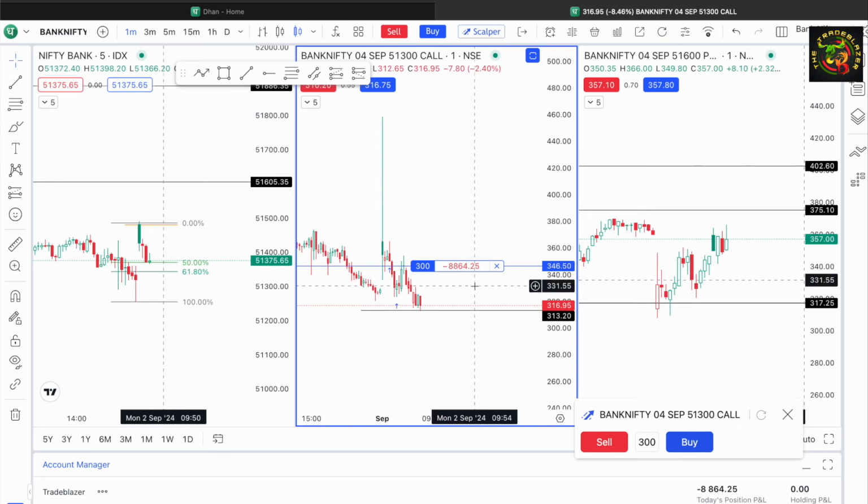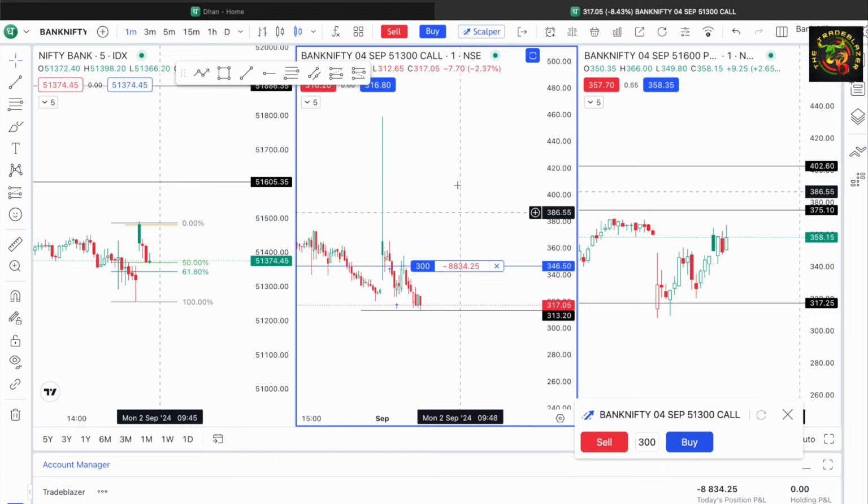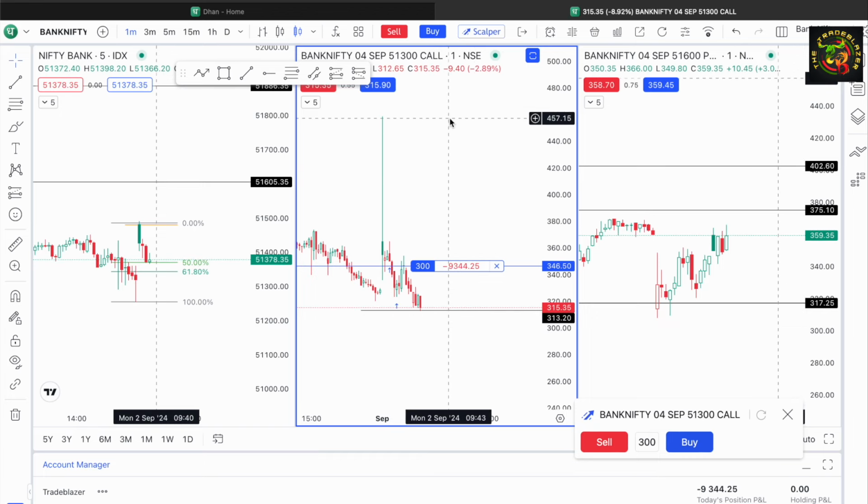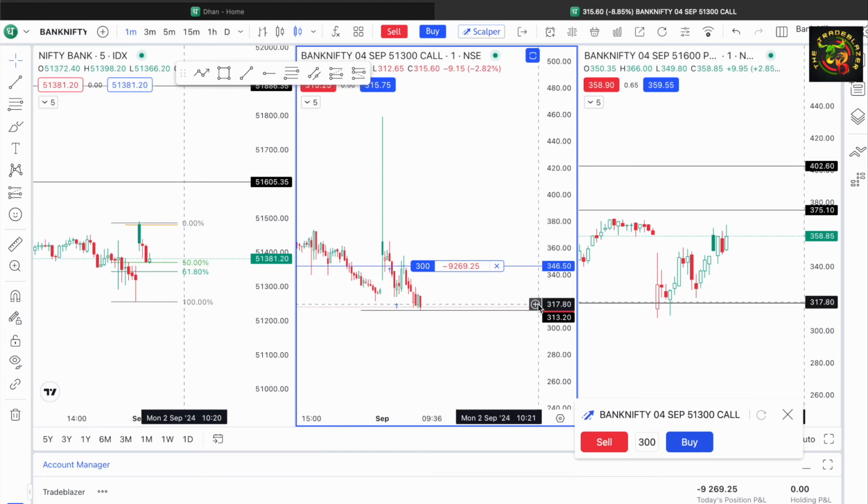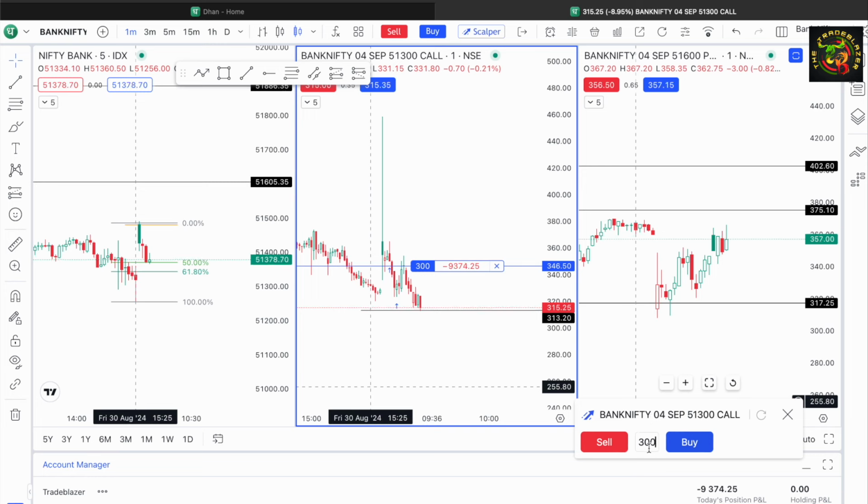Yes, because of the increased quantity or position size, we can see increased loss or increased profit as well, but it is all calculated risk. Based on which I wanted to stay in the trade, and I may add additional quantity if it comes down further into the fib zone, right? So we'll let you know.